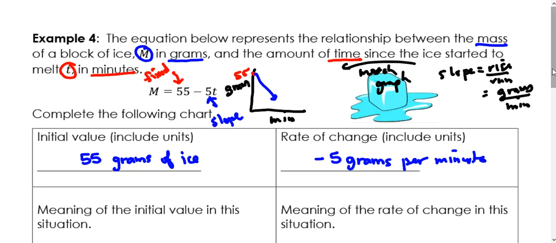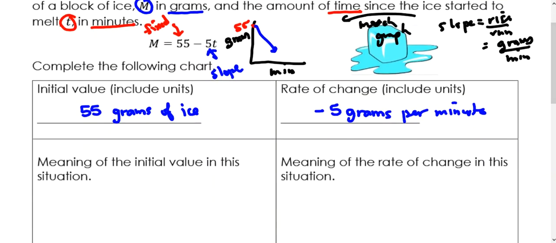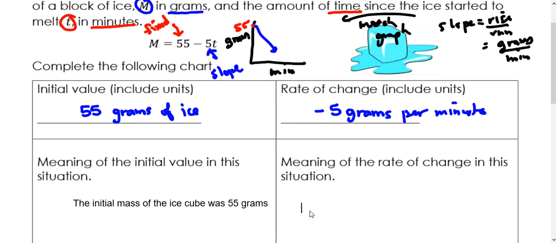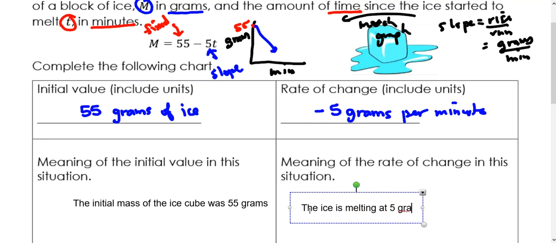Okay. So the meaning of that is the initial mass of the ice cube was 55 grams. This one, that -5, is the ice is melting at 5 grams per minute. So we're kind of twisting around by giving you the equation versus not, okay?